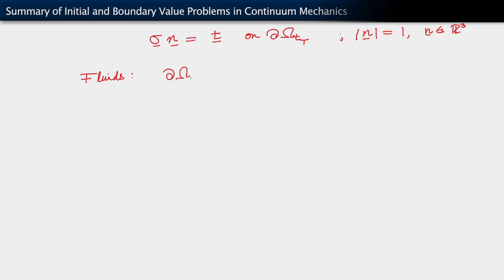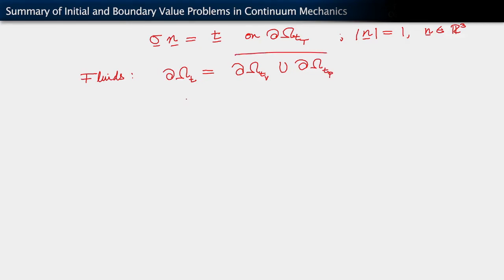We have a decomposition of the boundary into what we will call a velocity boundary and a pressure boundary. This kind of decomposition is typical in the case of fluids.